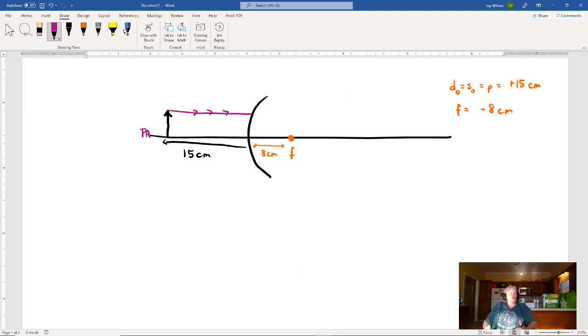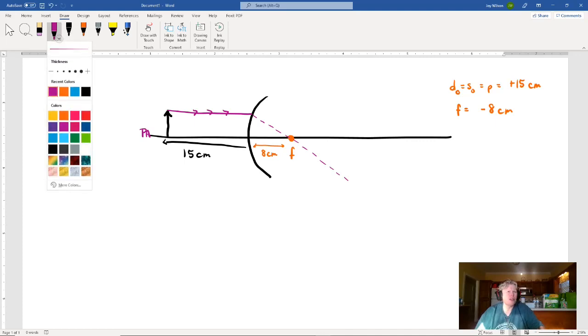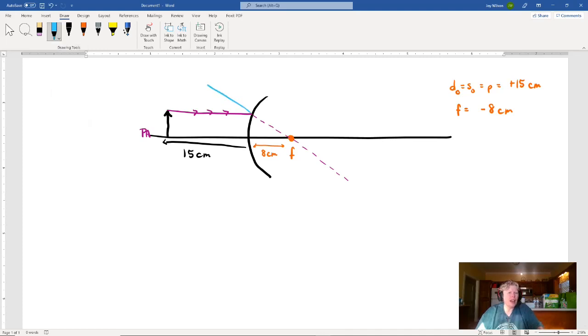And now what would normally happen is we would say the ray parallel to the principal axis goes out through the focal point. Well, you can see that the light has to bounce off the mirror, so it cannot go through the focal point. But because of the perception and the way that our eyes work, the reflected ray here is going to bounce off as if it went through the focal point.